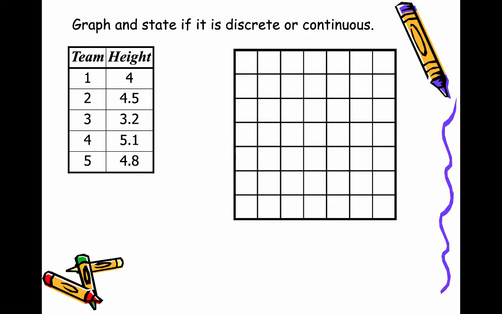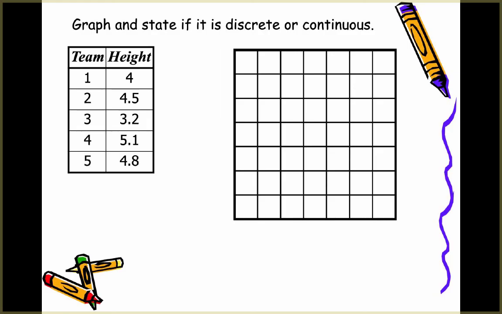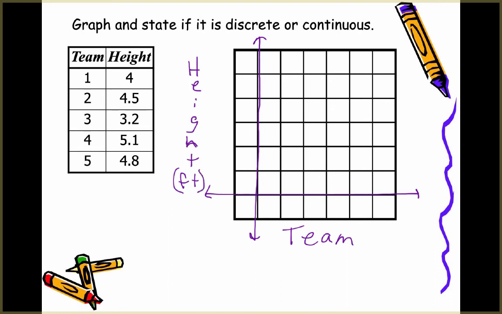Here's our table. We want to graph it. We have to do a couple things to graph this. First thing we need to do is put in our axes, and we need to label our axes. So our horizontal, our independent, we label team. Our vertical, we label height. And I'm going to put in feet in parentheses to show that it's height in feet.